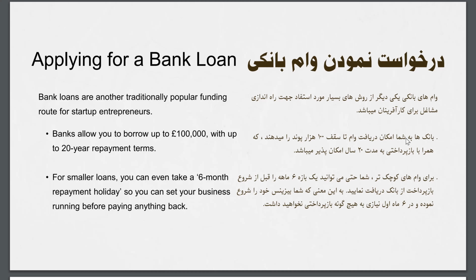And then for smaller loans, you can even take a 6-month grace period or repayment holidays, I guess how they say it in the UK, so that you can set up your business and get it running before paying anything back. Your installments start from the seventh month.